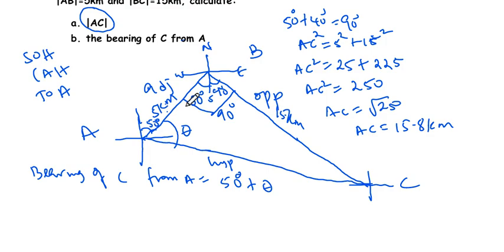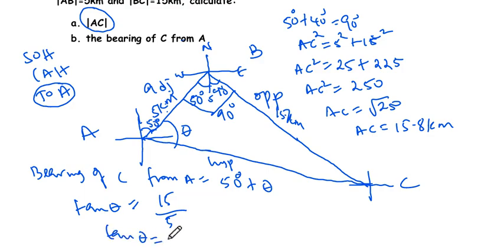That's 15 and 5. OA, that's tan. Tan is opposite over adjacent. So tan theta is equal to 15 over 5. So tan theta is equal to 15 divided by 5, which is 3. So theta becomes tan inverse of 3.